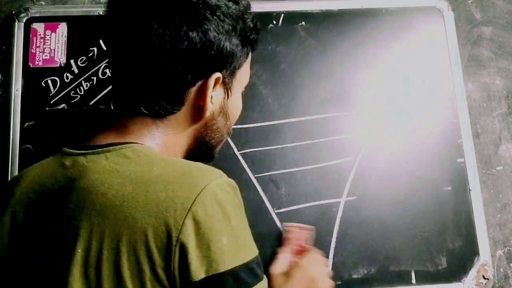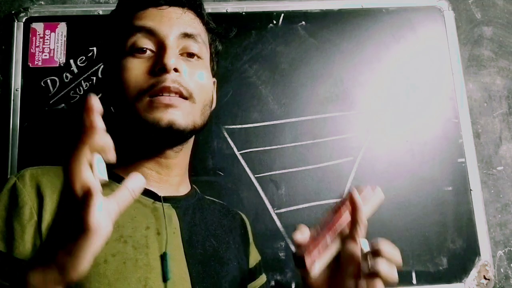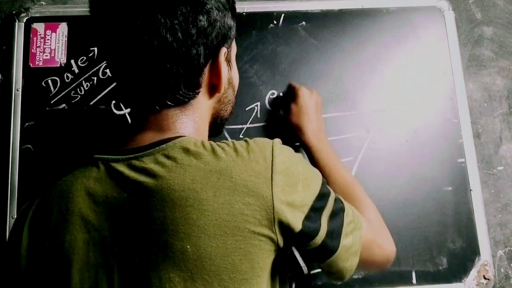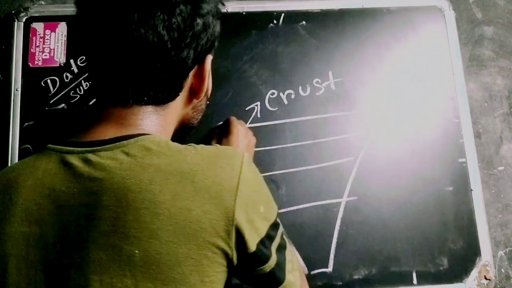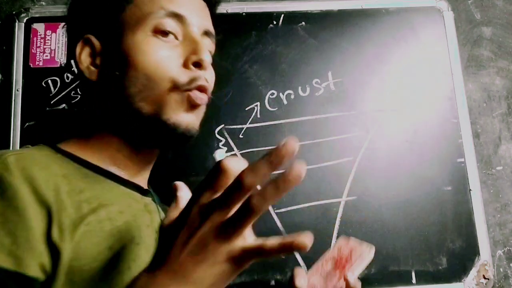This is the structure of the interior part of the earth, which is divided into many parts. The first one is called the crust. Crust means where we are living.